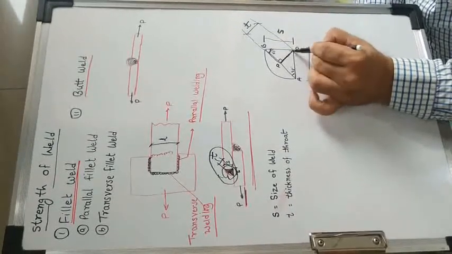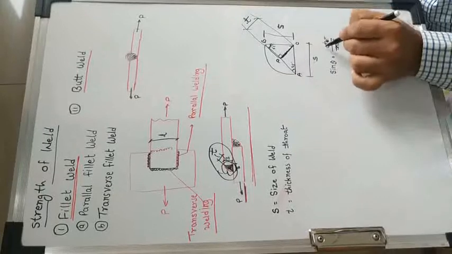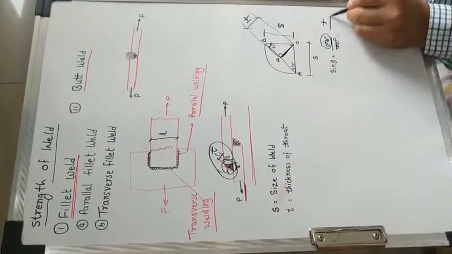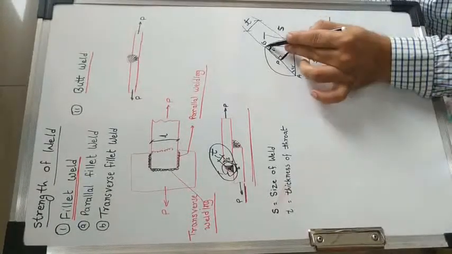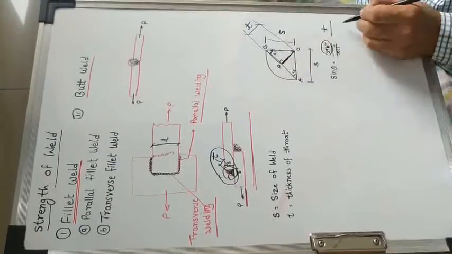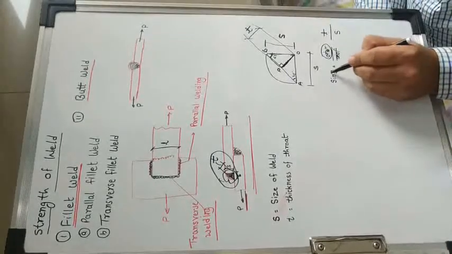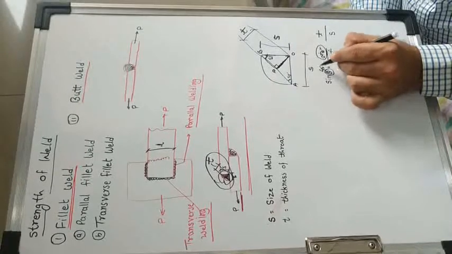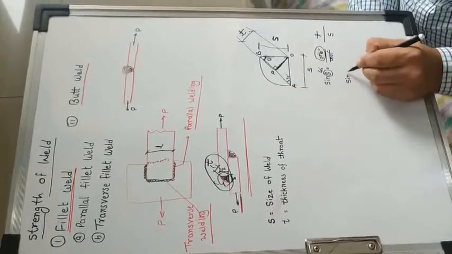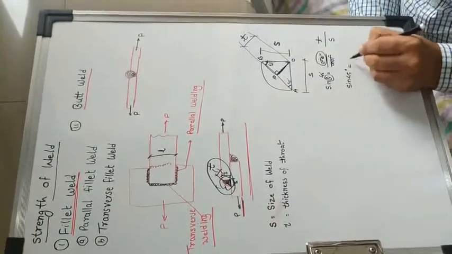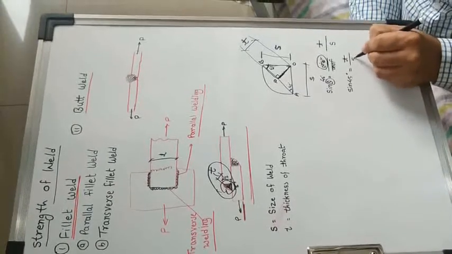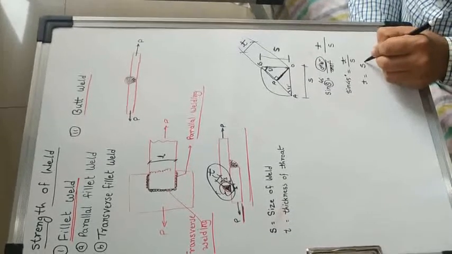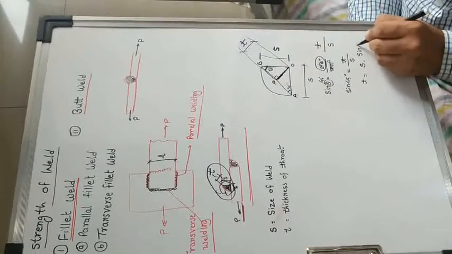This is the perpendicular, that is T, divided by the hypotenuse, that is S. And theta here is 45 degrees. So sine 45 degree is equal to T upon S. So T is equal to S into sine 45.